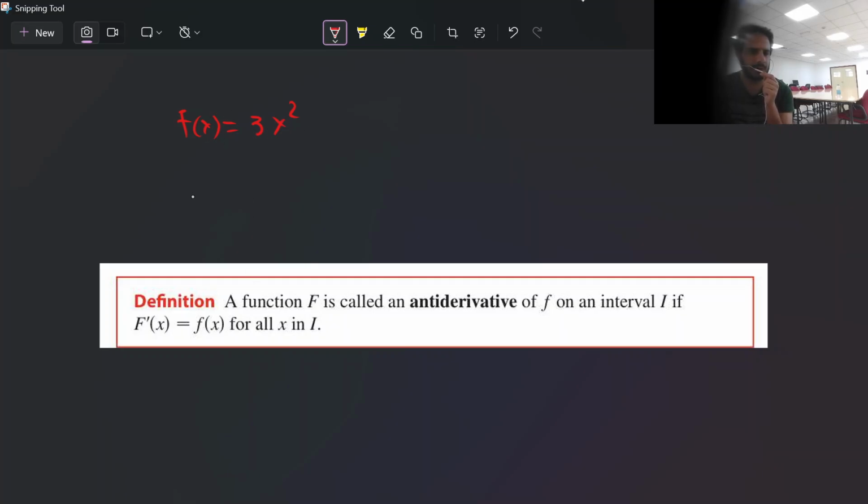I want the antiderivative. So I want a function capital F of x that when I differentiate it, I get 3x squared. What's this function? What do you think? You need to participate, okay?